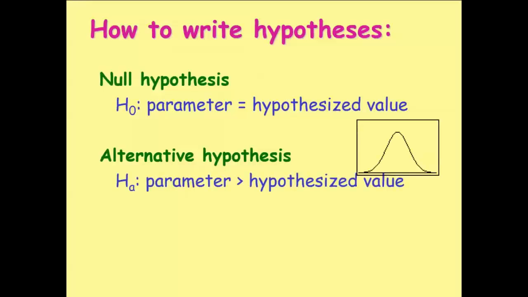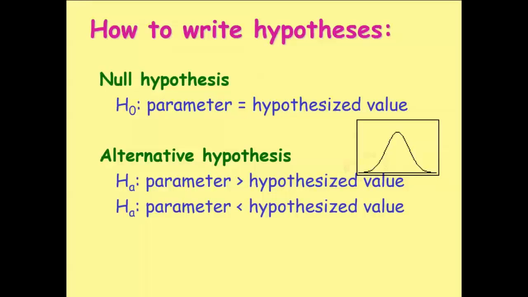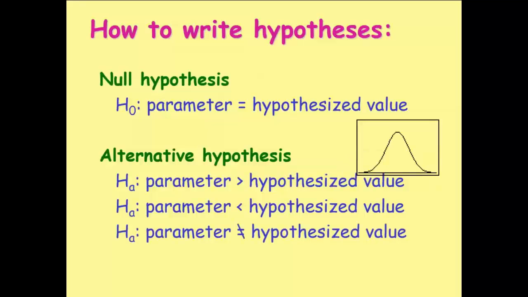We either can have a greater than, so we think the data is going to support that the hypothesized value should be higher, or it could be less than, in which case we suspect that the parameter is actually lower than what we hypothesize, or maybe we don't even know. And so we do what's called a two-tailed test, and we take both into account. And again, we'll go through the mechanics on that.